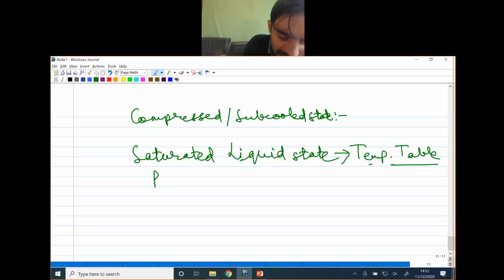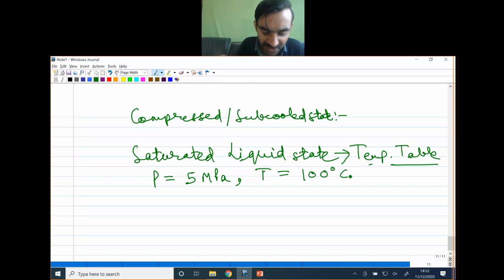So whatever the condition is given, for example, if I take the earlier case, pressure equal to 5 megapascal and temperature equal to 100 degrees Celsius, I need not worry about pressure.